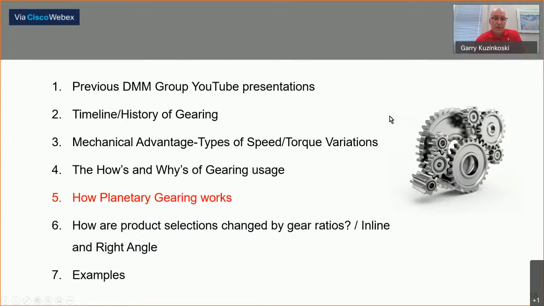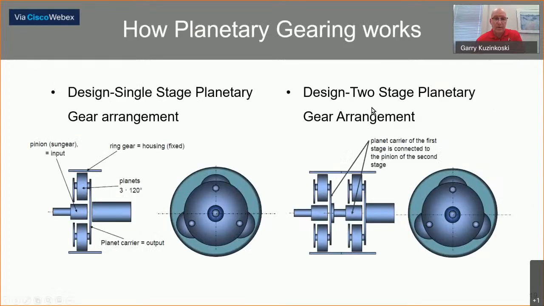How planetary gearing works. So again, this is probably the most common type of gearing that we work with customers on. And there's several different types, but when we start talking about single stage, dual stage, and others, it really boils down to this. If you look on the left-hand side, there is this same sun gear, as I mentioned before, which is an input.